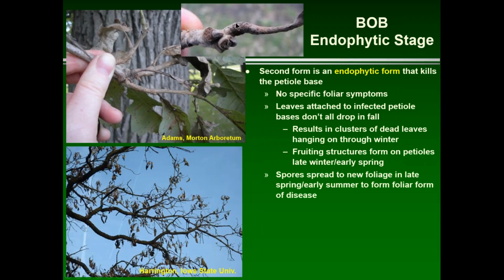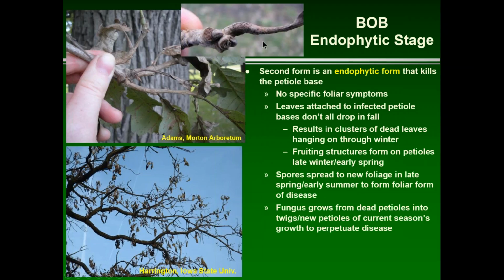So these spores serve as the source of the inoculum for the foliar form in the early spring, and then this form will also grow down and it'll grow into the twigs. Because these stems are dead, the tree will often form new buds at the base, and then those new buds will grow new shoots, and those shoots can then be infected by the foliar or the endophytic form that can simply move down and up into the nearby shoots as they develop in the spring.